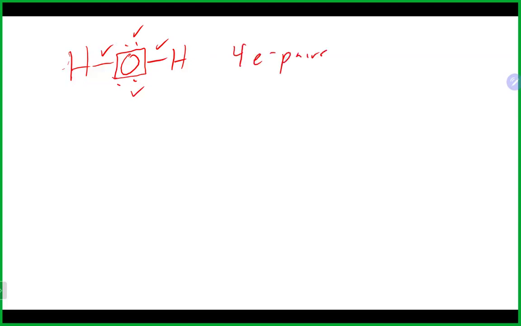Last geometry, which I'm not sure where it went, but we'll do water. When we look at water and the central atom, we have 1, 2, 3, and 4 electron pairs. With 4 electron pairs, the electron geometry is still going to be tetrahedral. In this case, though, we only have 1 and 2 bonds.